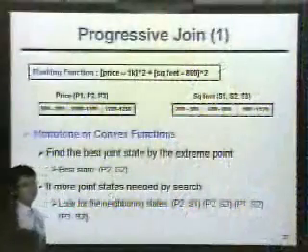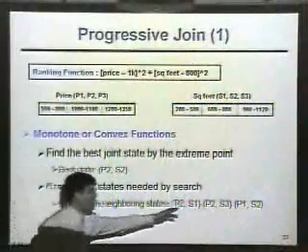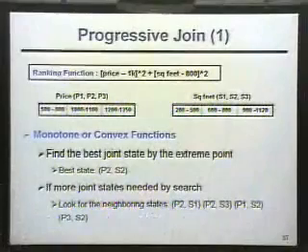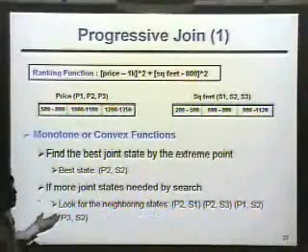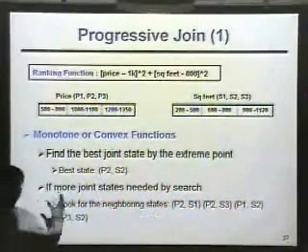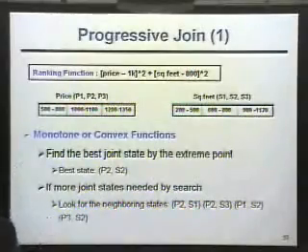So if this is the extreme state, the next best is the neighborhood. So we just replace P2 with P1 and P3, or replace S2 with S1 and S3. So the next step we just look at these neighboring states, and if there's not enough, then we continue to look at the neighboring states step by step.